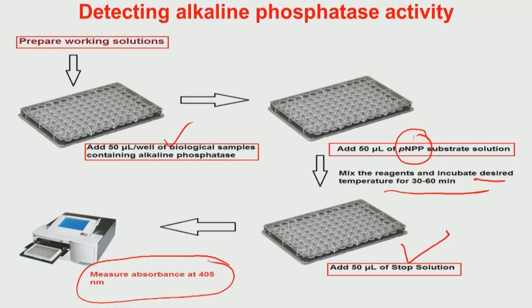From this simple description of the different assays, you can notice there are 3 or 4 distinctive things that you have to understand. Particularly, each colorimetric assay depends on the final measurement of the optical density changes at a specific wavelength. Second, you have to understand the sensitivity of these assays.